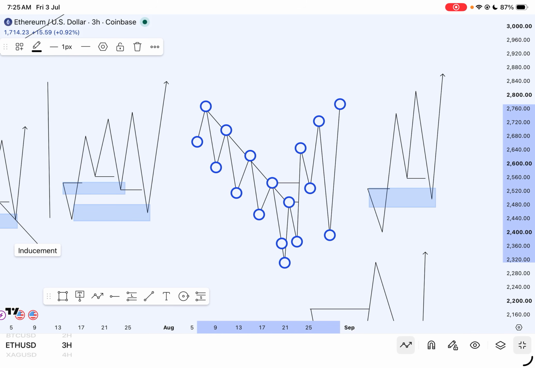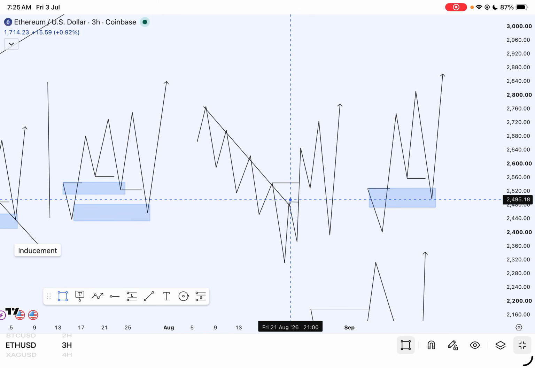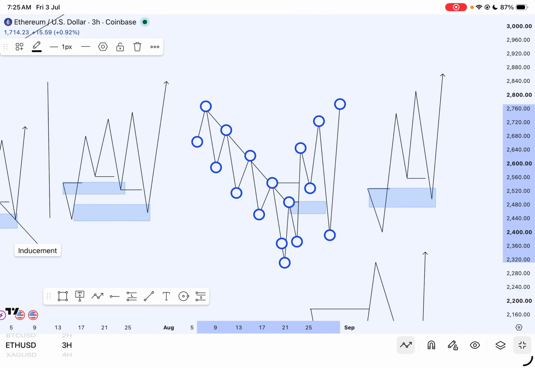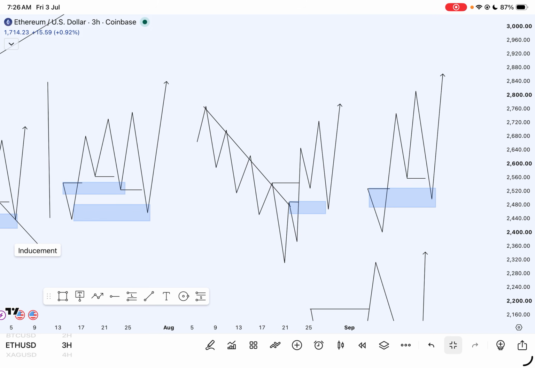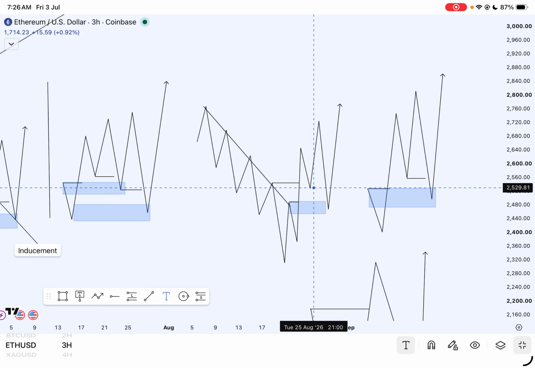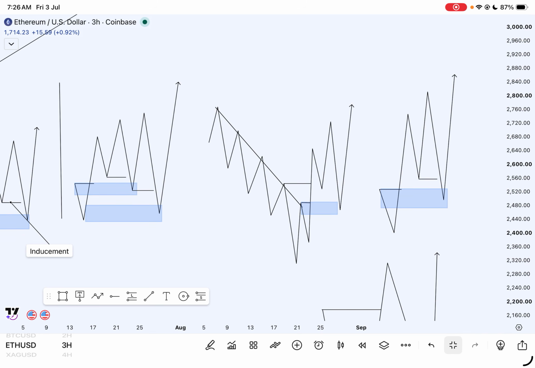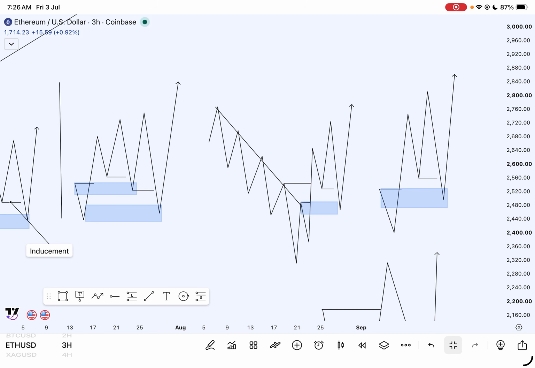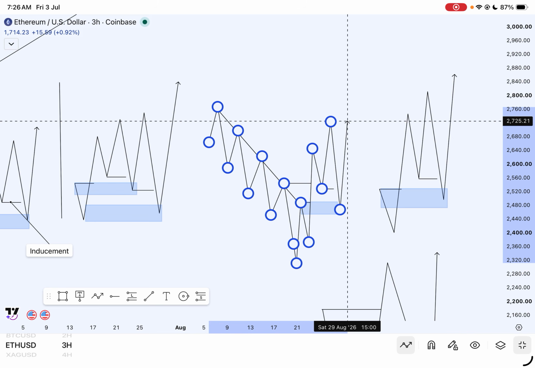Now this second breaker block that is here, once price taps into it like this, your target will be to clear this nearest high.